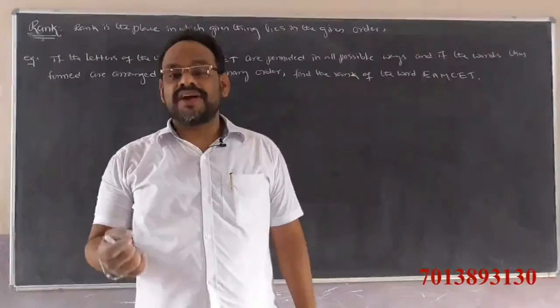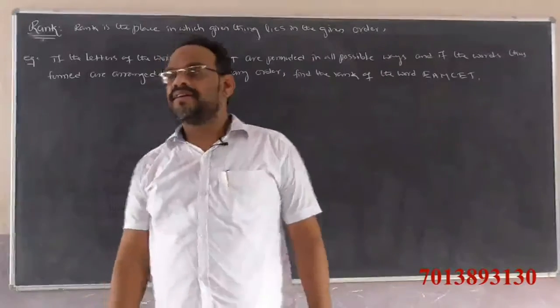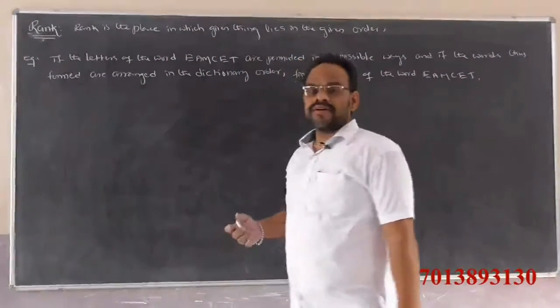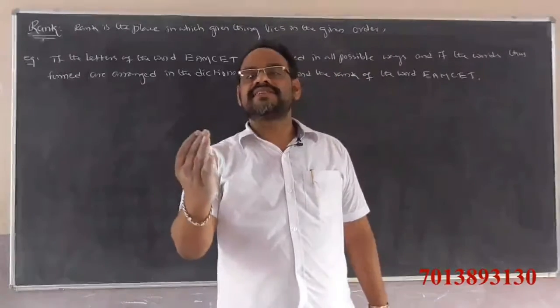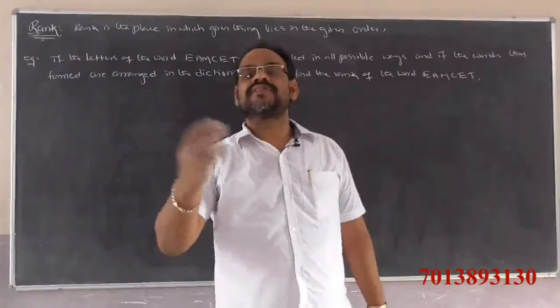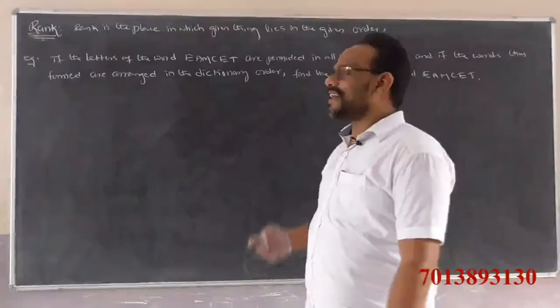In the previous section we found the rank of n different objects. Here we find the rank when P things are of the same kind and Q things are of the same kind, and the rest are different. So how to find the rank?